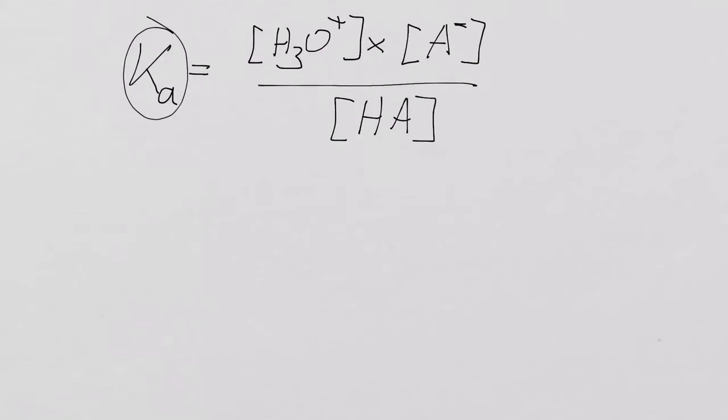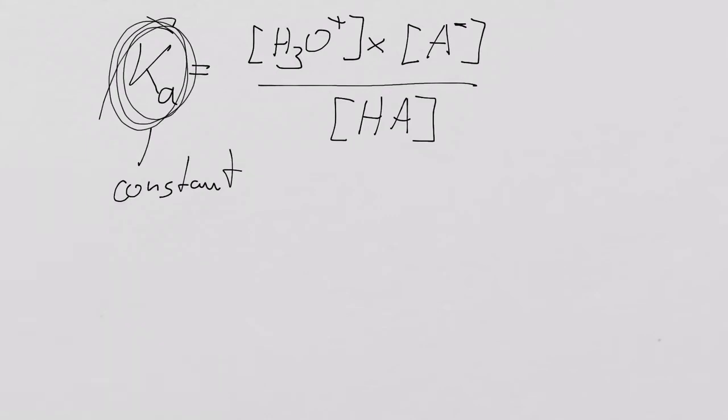And what we have seen, this equilibrium constant is, as the name says, a constant. So if Ka is very big, is it a strong acid or a weak acid?